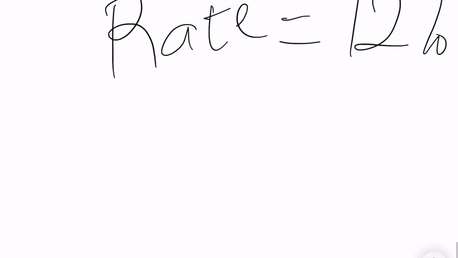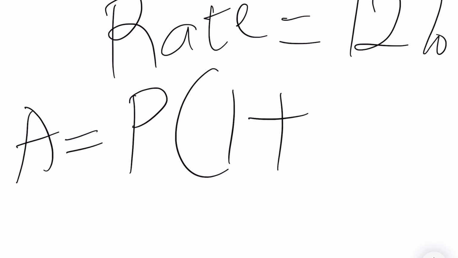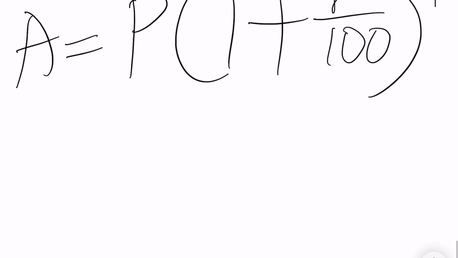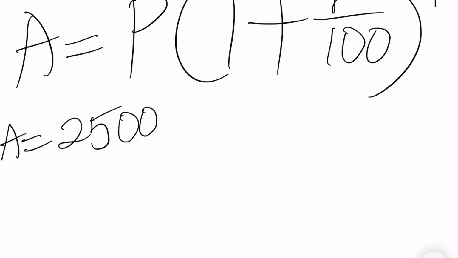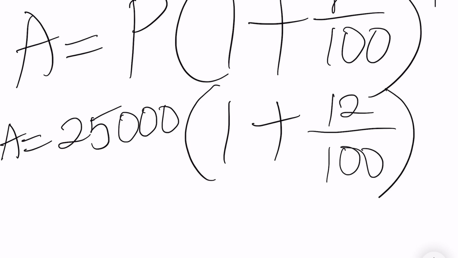Using our formula A equals P into bracket 1 plus R over 100 all to the power of n, we have our principal 25,000, and 1 plus 12 over 100 all to the power of 3.